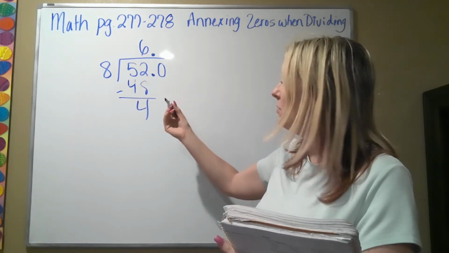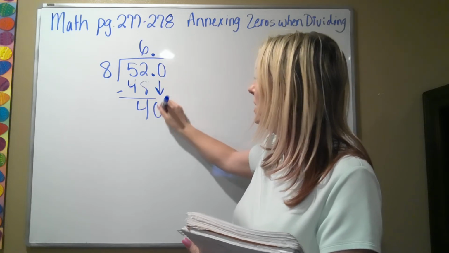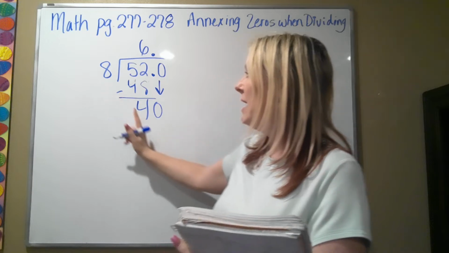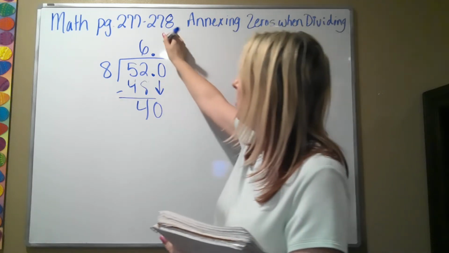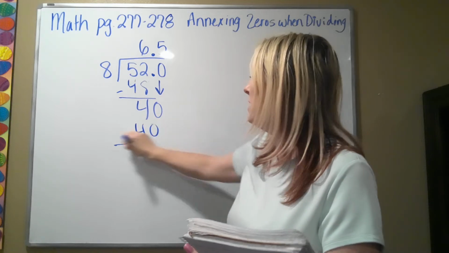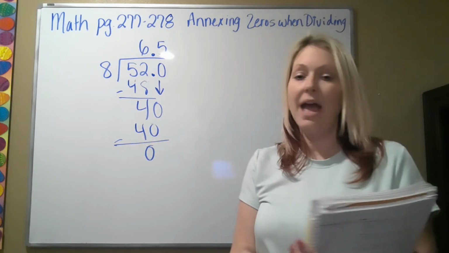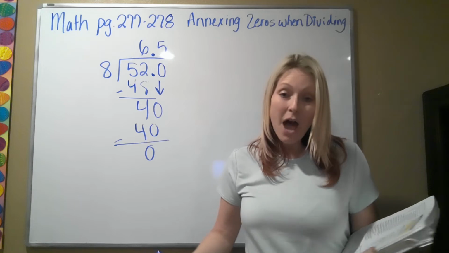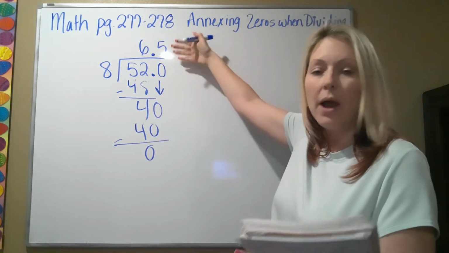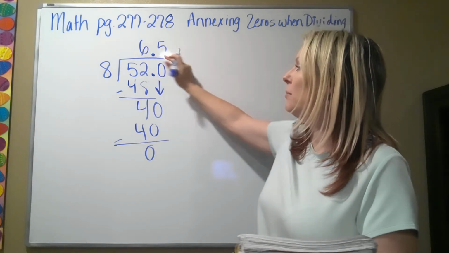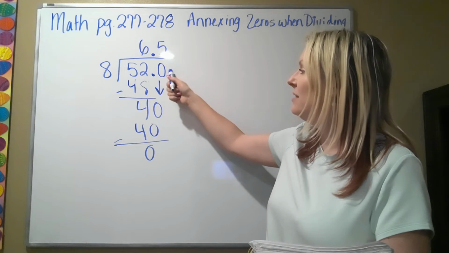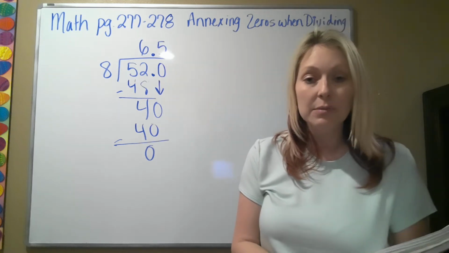Once I add that 0, I can bring down that 0, and 8 goes into 40 5 times. 5 times 8 is 40. And now when I subtract, I have 0. So I do not have a remainder anymore because I added this 0 after the decimal place.